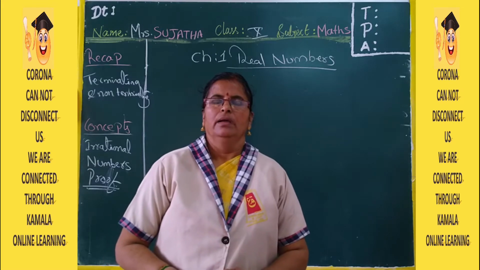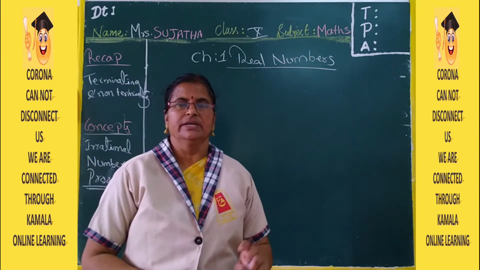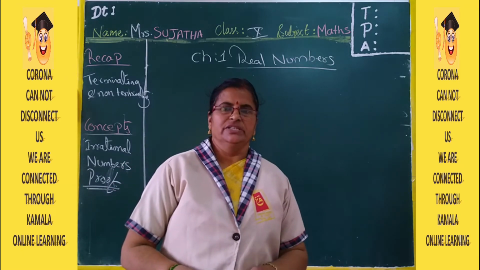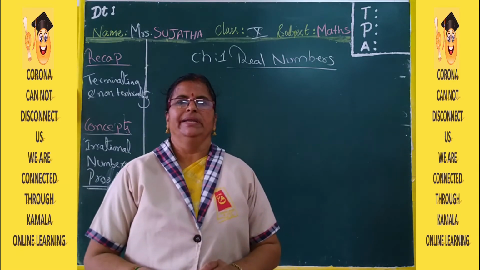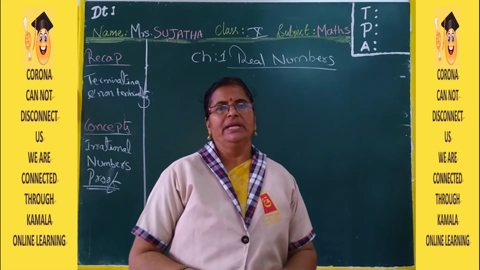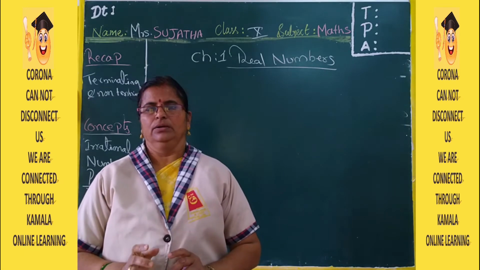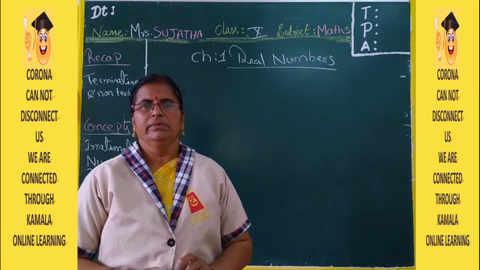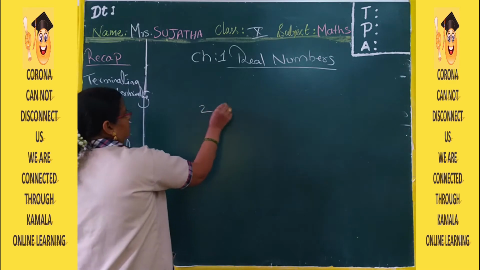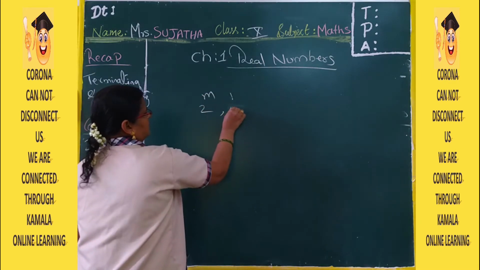Now, in this first chapter, in the last session, what we studied was: if a given fraction is a terminating or non-terminating decimal, how can we know? The base should be in the form of 2 to the power m or 5 to the power n.